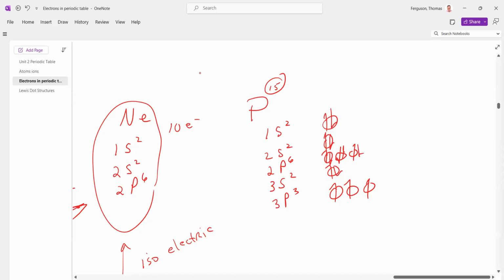Why? This likes to gain 3 electrons too, but the reason why this is more stable than oxygen, remember oxygen has an extra electron, which messed this up. This is a half-filled subshell, and a half-filled subshell is more stable than the alternative. So that's why phosphorus is more stable than oxygen, because this one is half full.